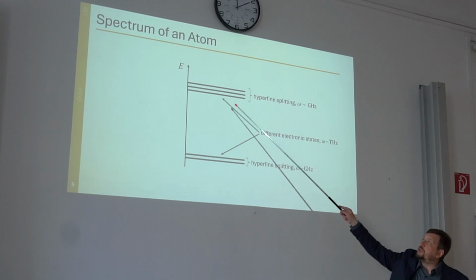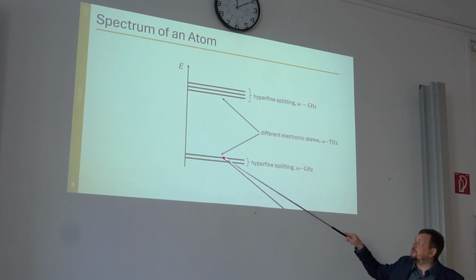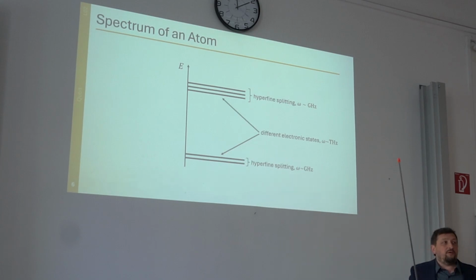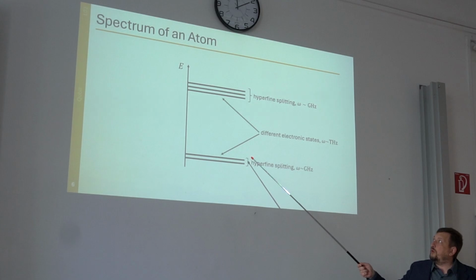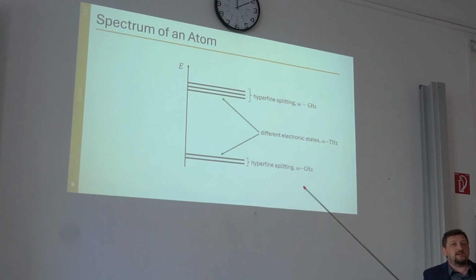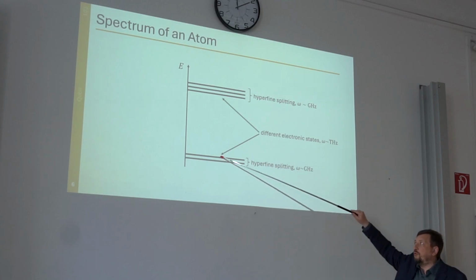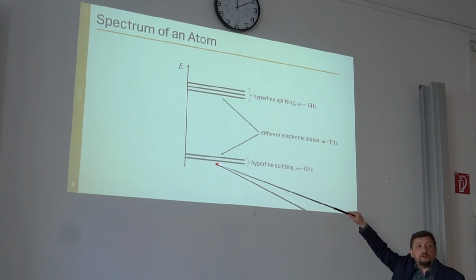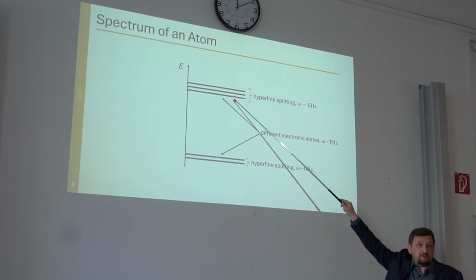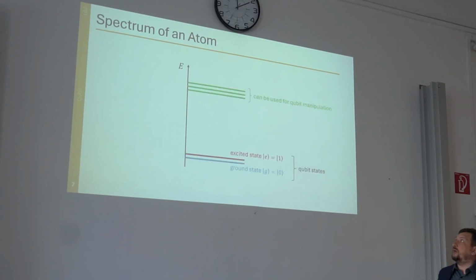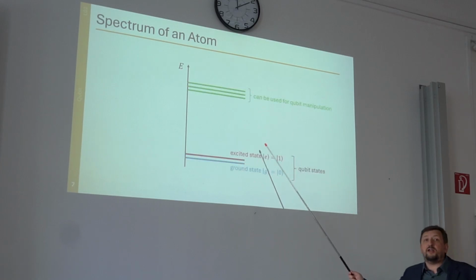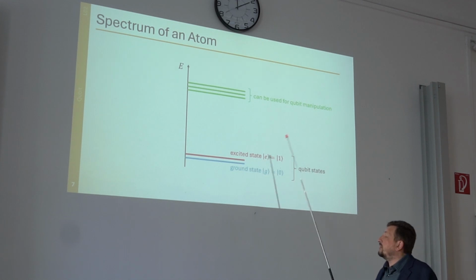So there is a huge difference of energies between these two levels and this. And if we use such an atom, we can send signals that correspond only to the transition between these two levels, and such an atom will never go into a higher energy state.